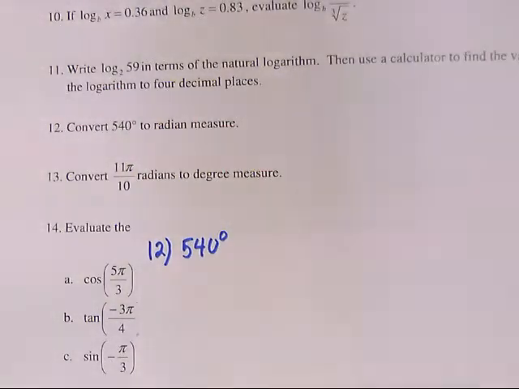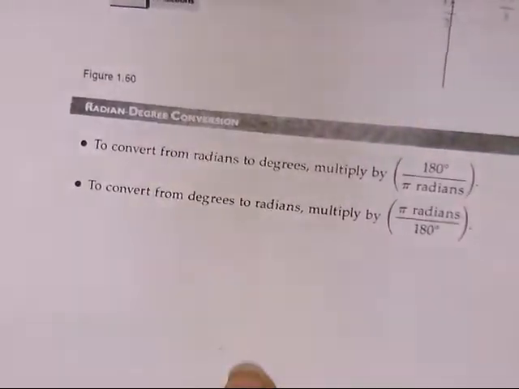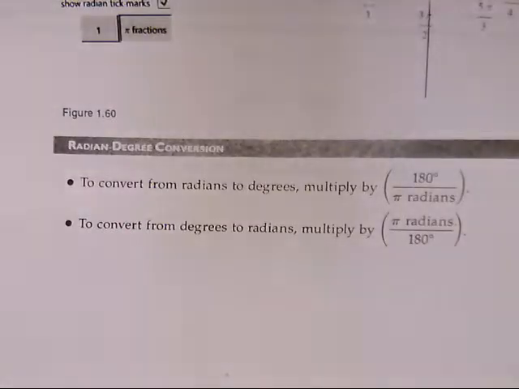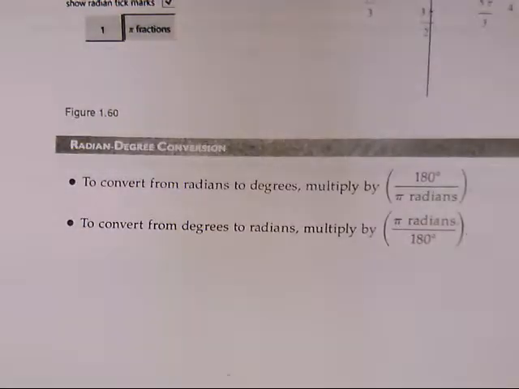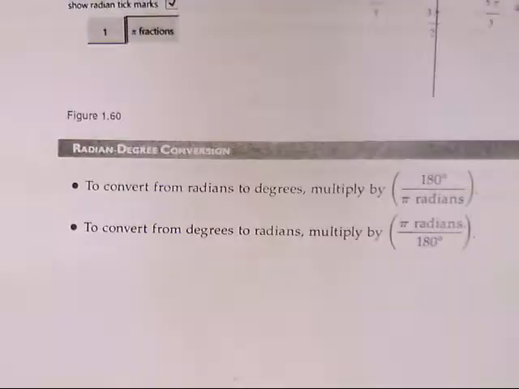In this case, you have to use the rule for converting from degree measure to radian measure. Bear with me while I pull up my notes. Okay, and these will be on your help sheet as well. To convert from degrees to radians, you want to multiply by pi radians over 180 degrees.